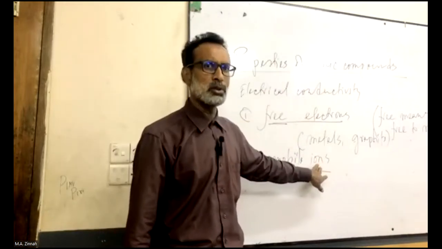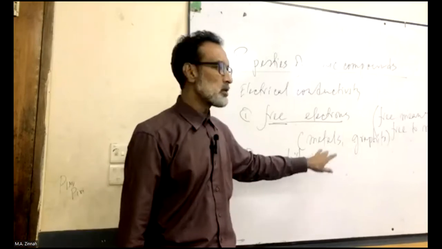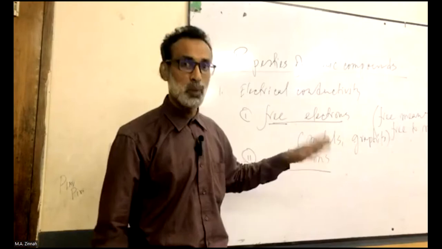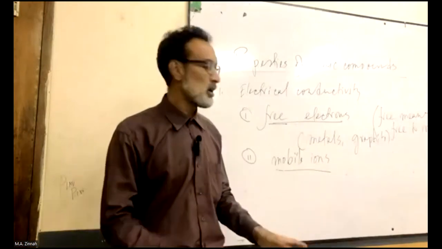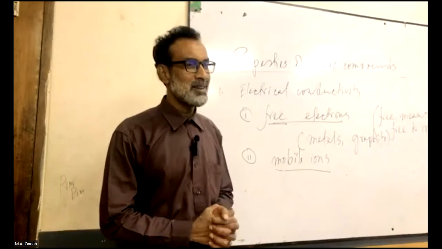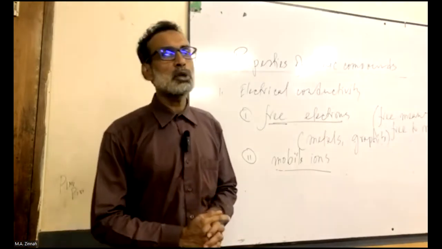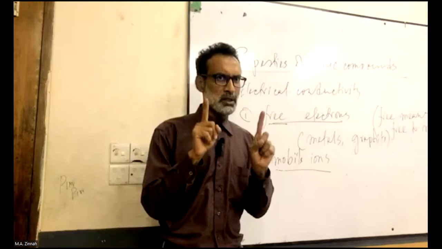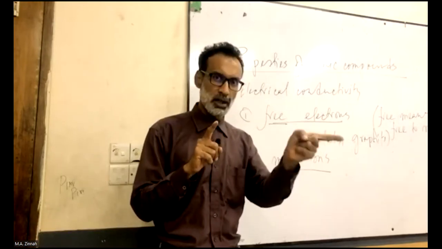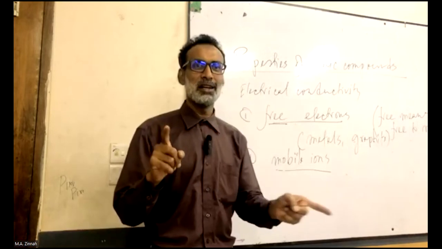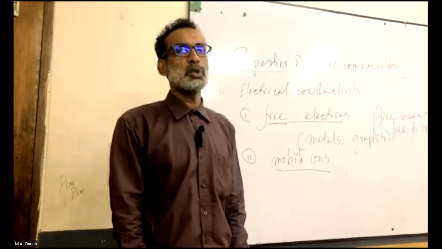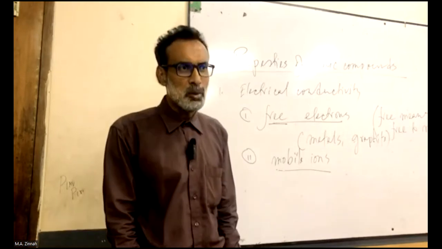Any compounds have ions, right? And you need to make them mobile if you want them to conduct electricity. Here we have two ways to make the ions in a solid ionic compound mobile. Can you guess which are the ways?